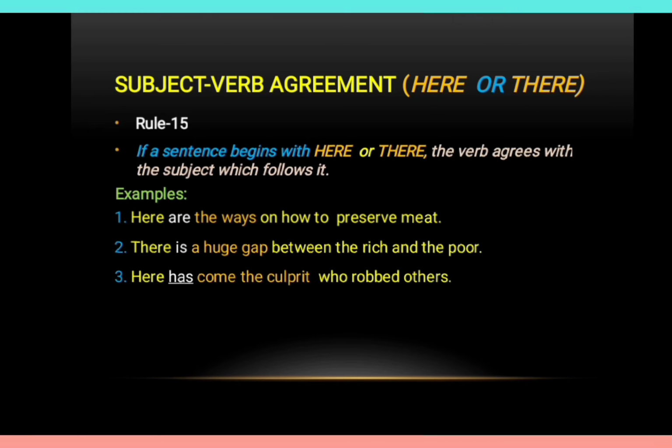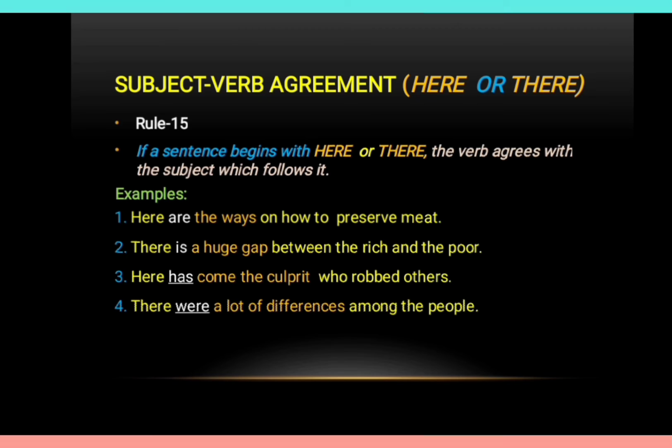Here has come the culprit who robbed others. That is also a very suitable example of this rule number 15. And the fourth example of this rule: there were a lot of differences among the people. We are talking about a lot of differences, so that's why we use "were".